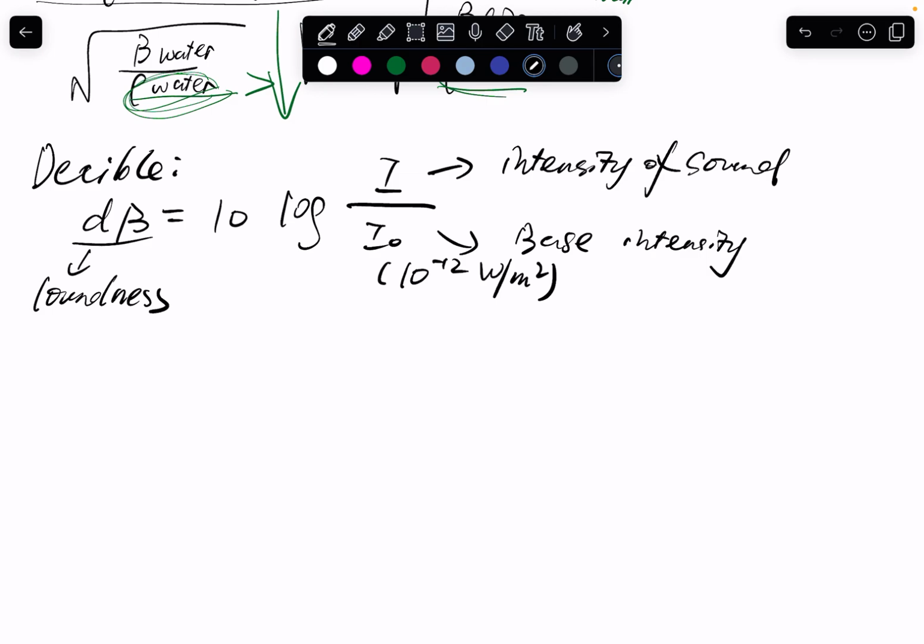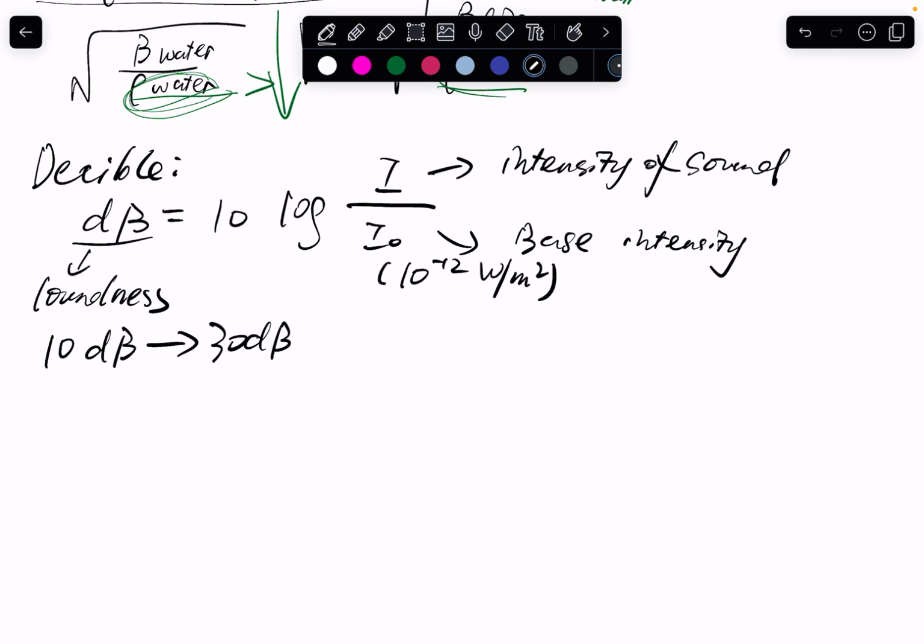For example, the problem can say there's a speaker playing some music, and the loudness goes from 10 decibels to 30 decibels. You turn up the volume, it gets louder. So how does that change the intensity of the sound?